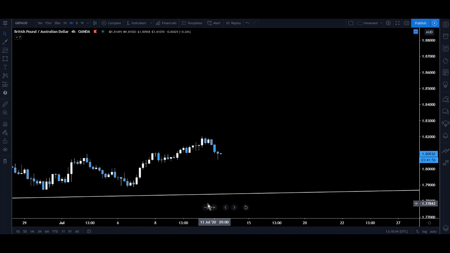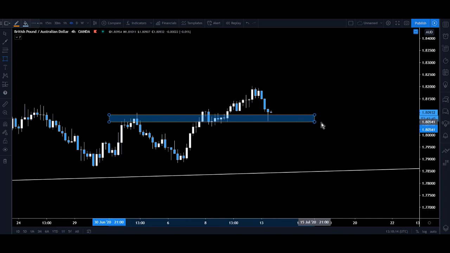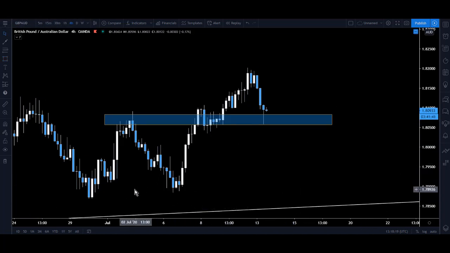So what can you look for? Well, potentially we've seen a double bottom here, and we've got this previous area of resistance. Drag that across, and we're actually testing that area now. So this could be a higher low.